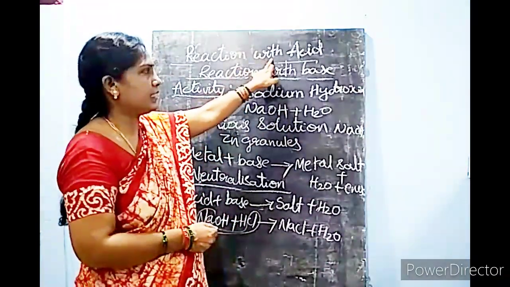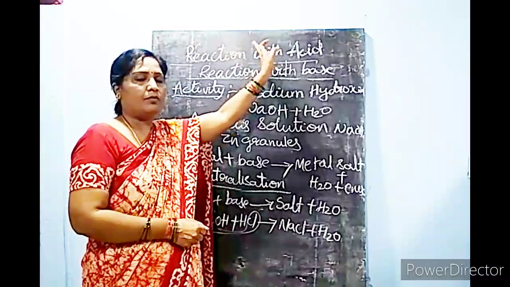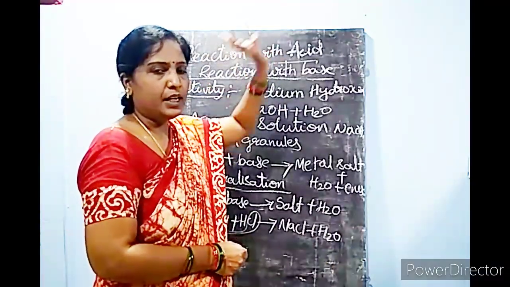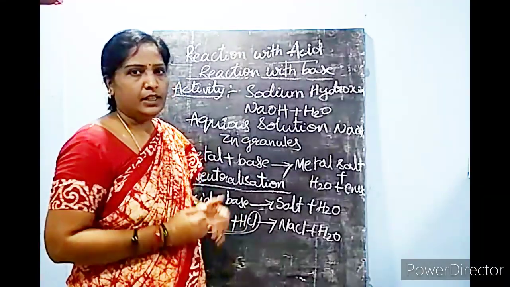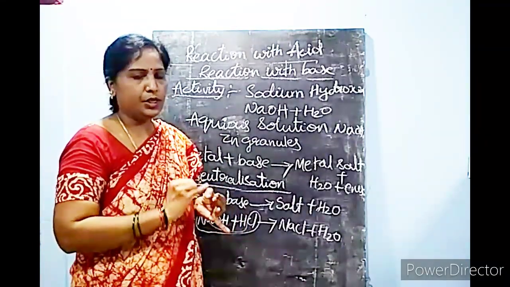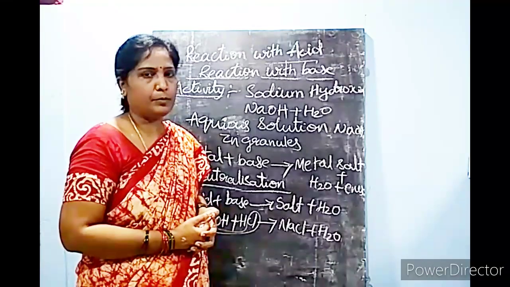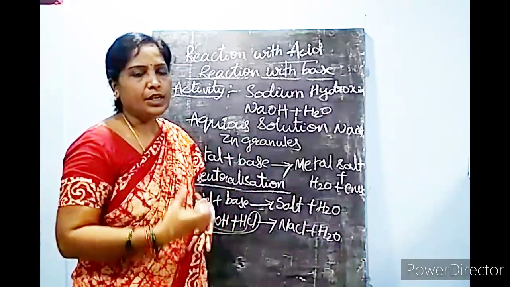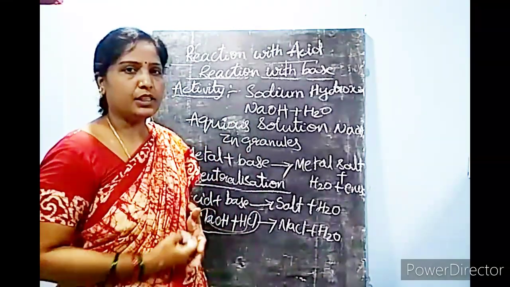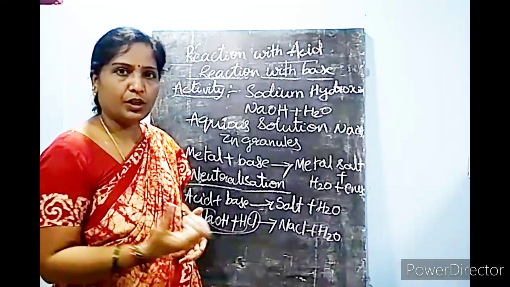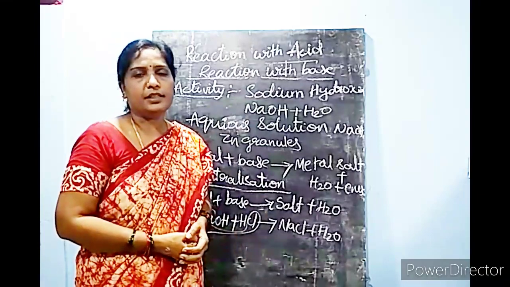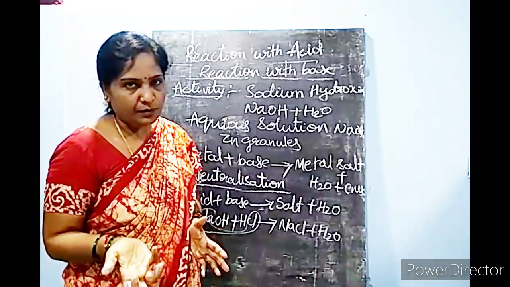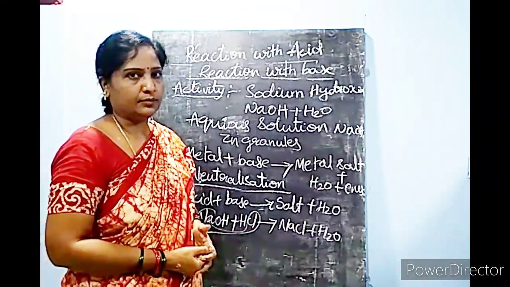Whereas with acids, you had seen how metals like zinc, magnesium, aluminium and copper react. The same can also react with dilute sulfuric acid, H2SO4. Non-metals will not show any reaction with acid at all.